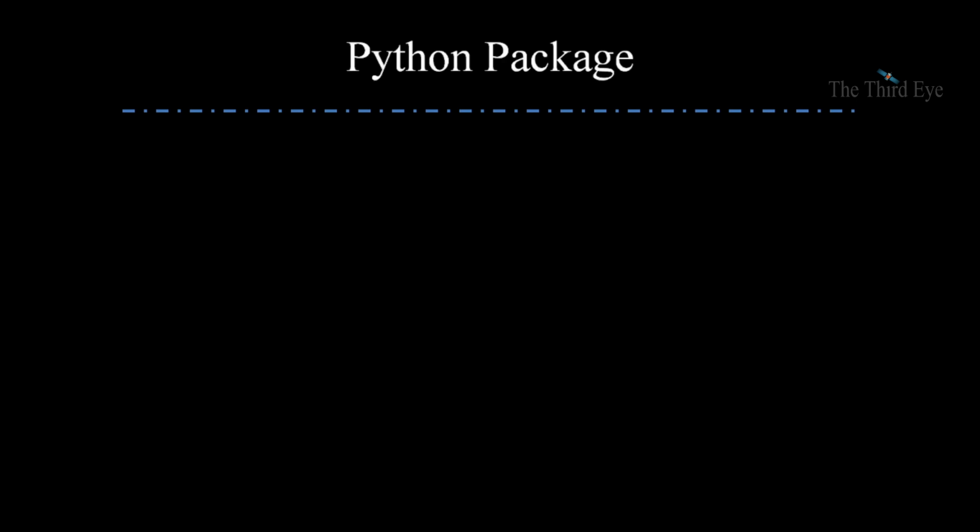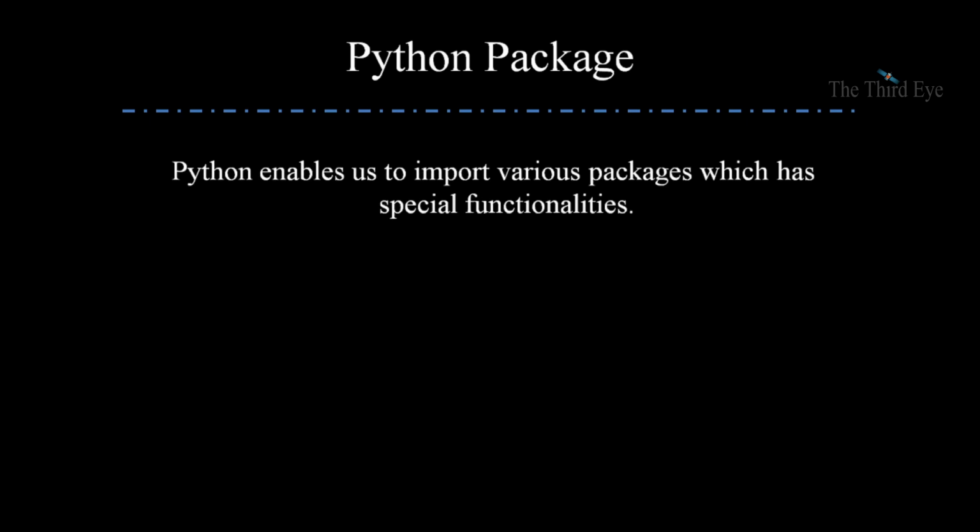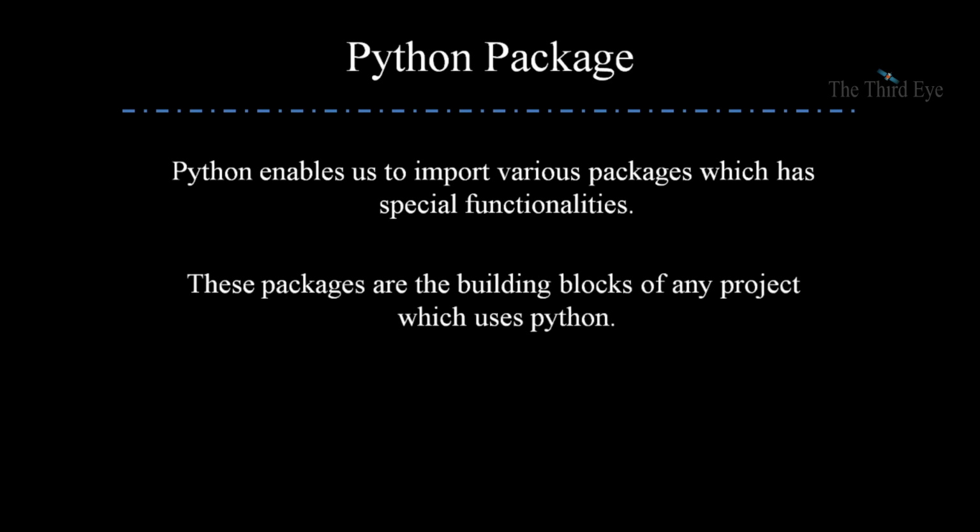Next, before knowing about Python, we should know what these Python packages are. These Python packages have special functionalities that we can use in a project. These packages are the building blocks of any project.